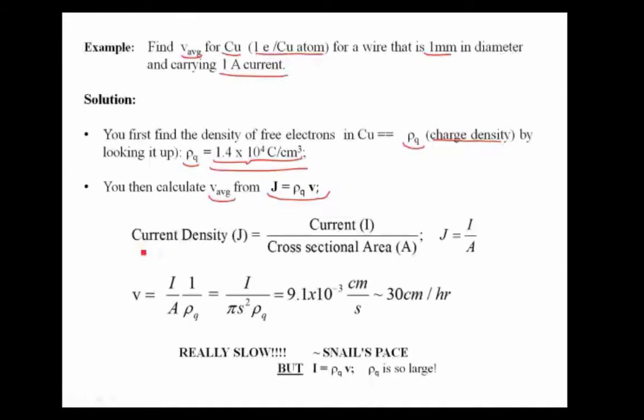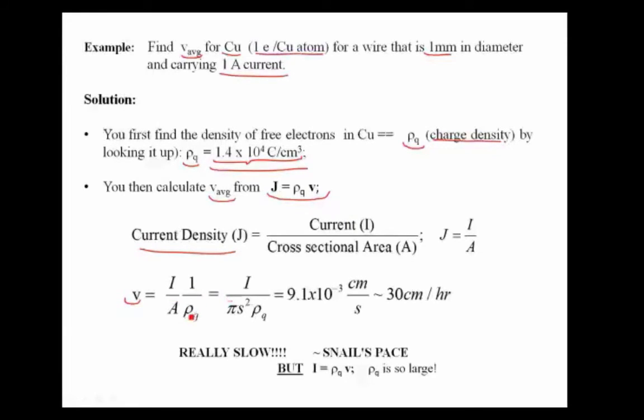So if we define current density as we know it is, it's the current divided by the cross section. We're given that this is 1 ampere and the diameter is 1 millimeter, so we can get the cross-sectional area. If we then solve J equals rho V for the velocity, then we have J here and we divide by the charge density.